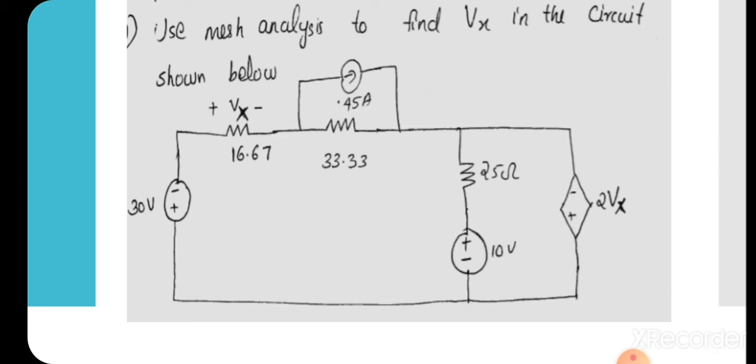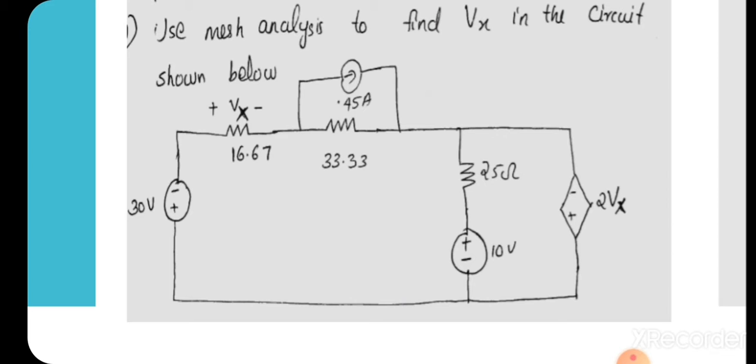What is its meaning? Its voltage value is not a fixed number, but it is given as 2Vx. That dependent source has a voltage value of 2 times Vx, that is, its voltage value depends upon Vx.